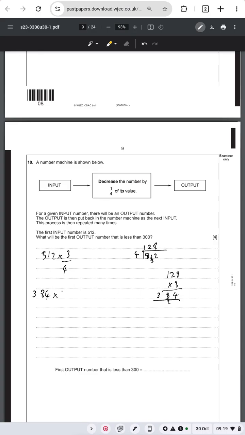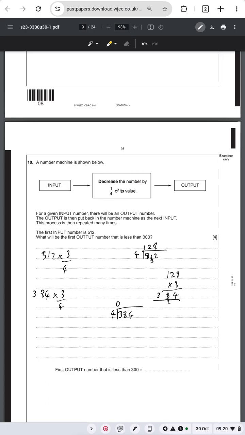So we now have to do 384 times by 3 over 4. And we can do the same divisions again. So what we can do is, let's do it here, 4 into 384. So there's 0 4s in 3.